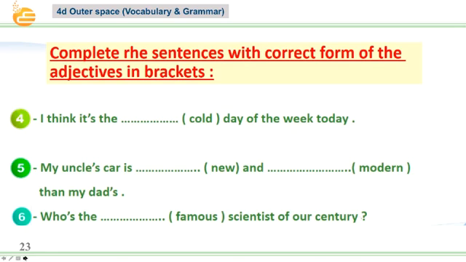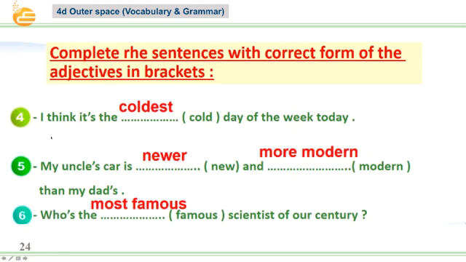See the answers? Okay. I think it's the coldest day of the week. Okay, cold, short, est superlative because it's more than one, the whole week. Okay, my uncle's car is newer and more modern than my dad's car.